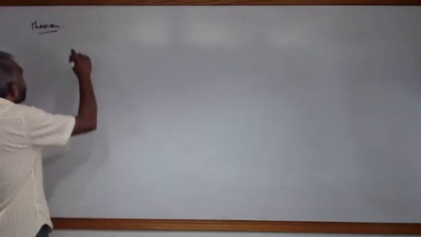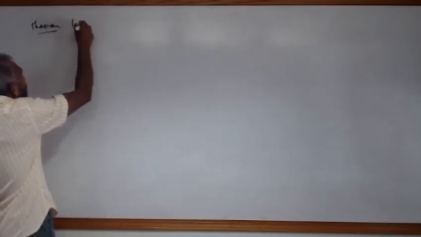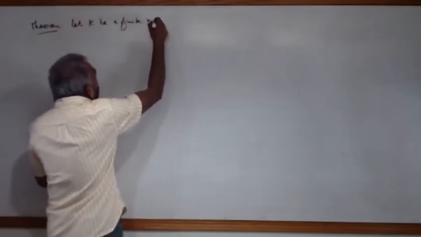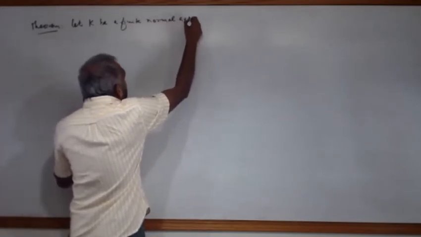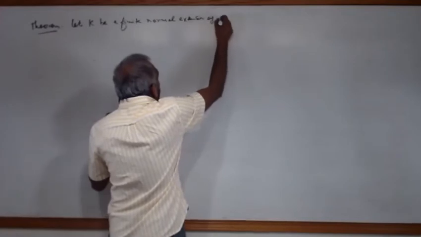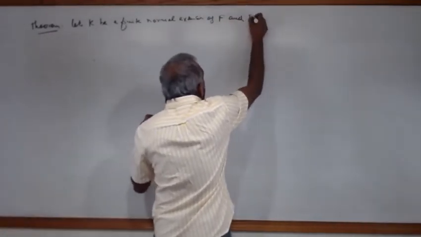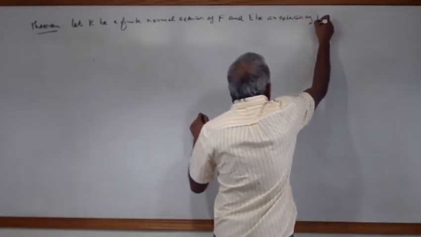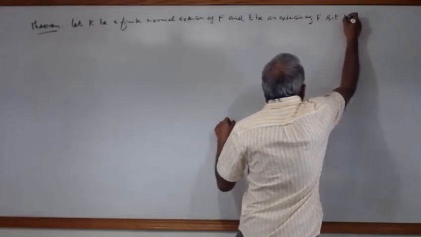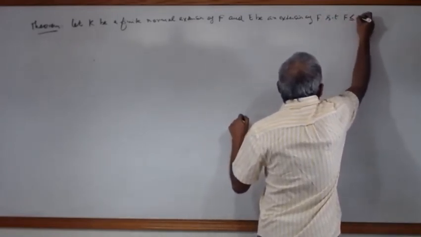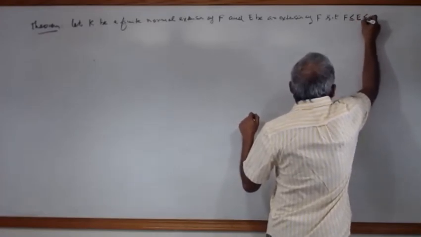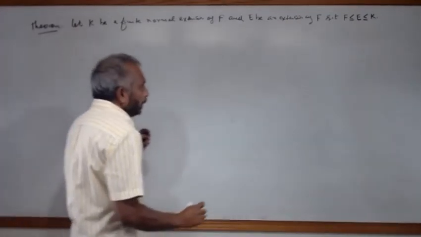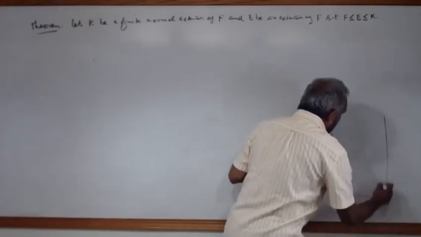So that is, let K be a finite normal extension of F and E be an extension of F such that E is a subfield of K. That is here.